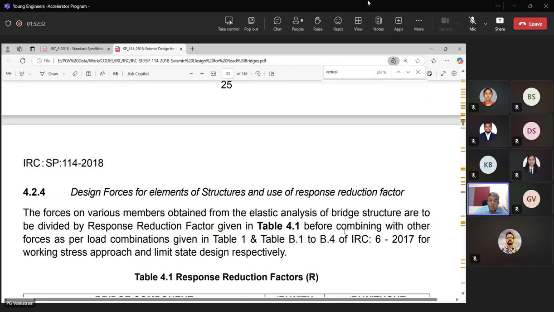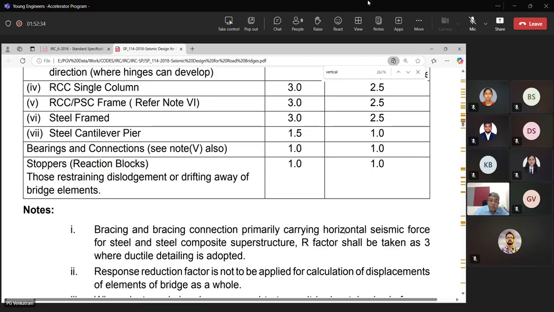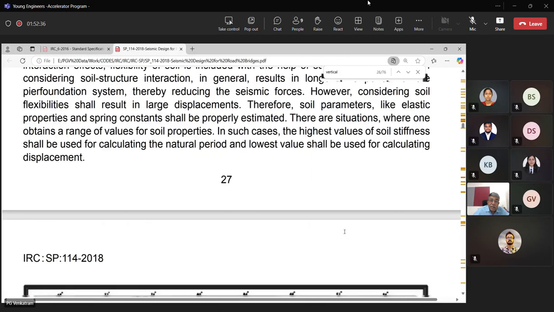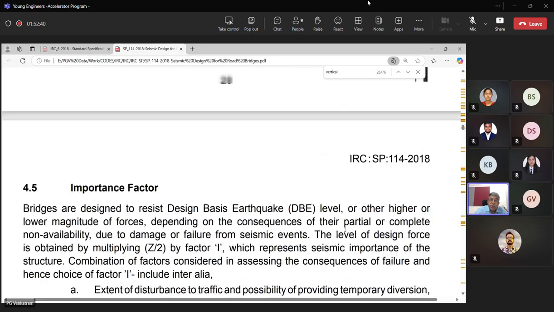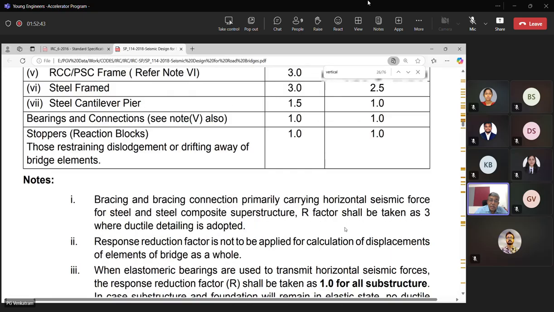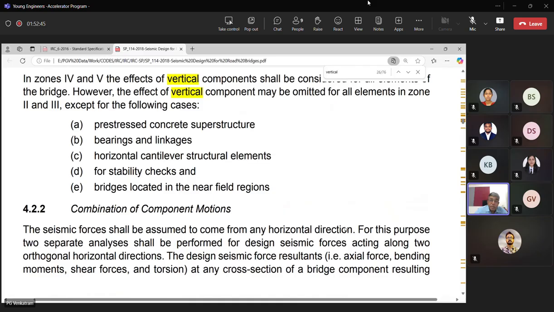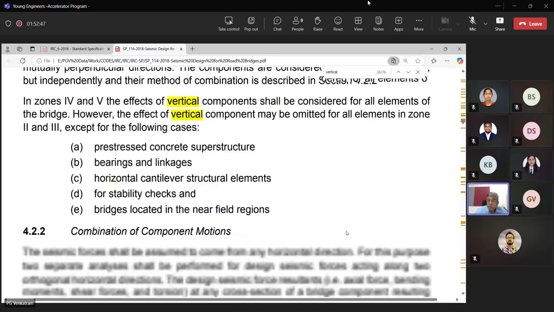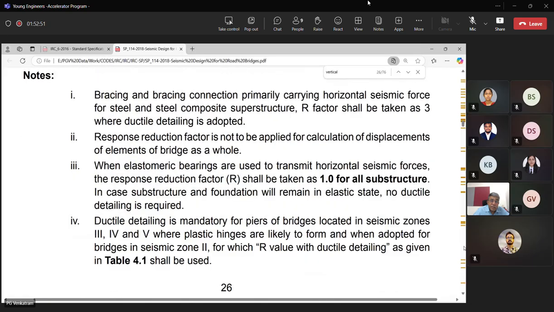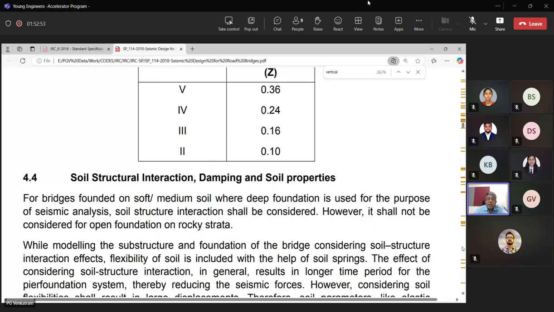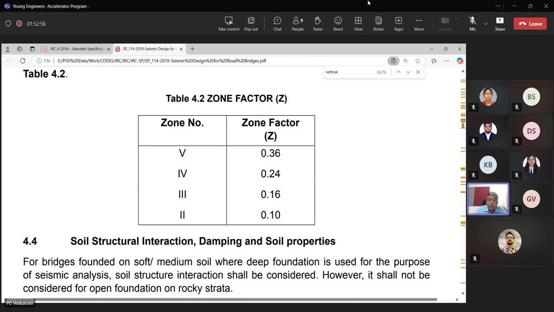So what do you do? Wherever you have your formula SA by G into Z by 2, this zone factor, they want you to take 2/3.